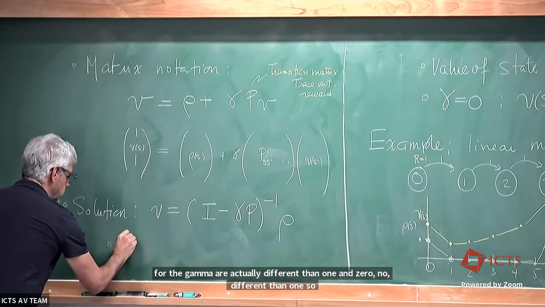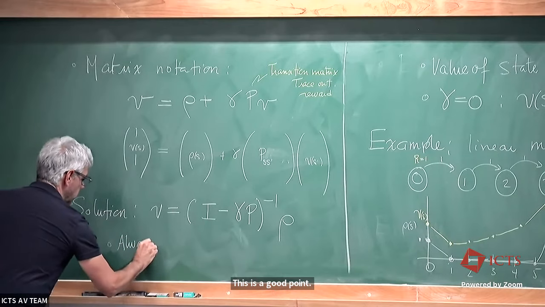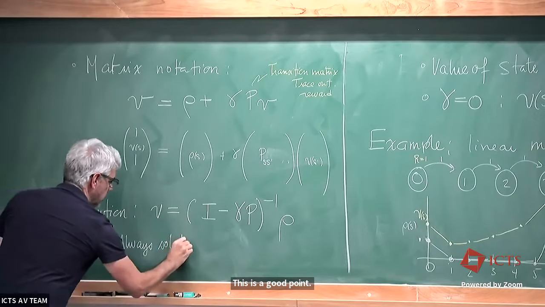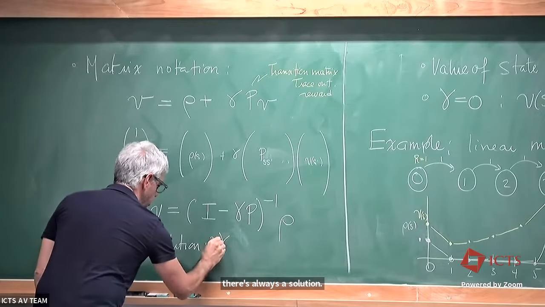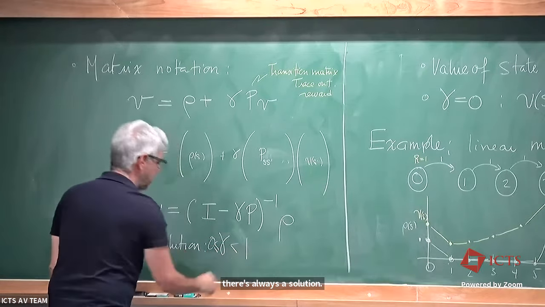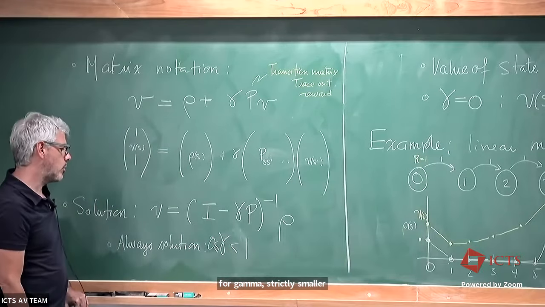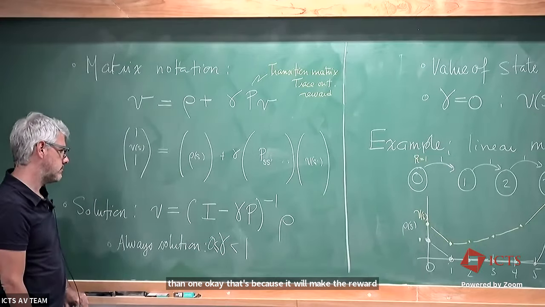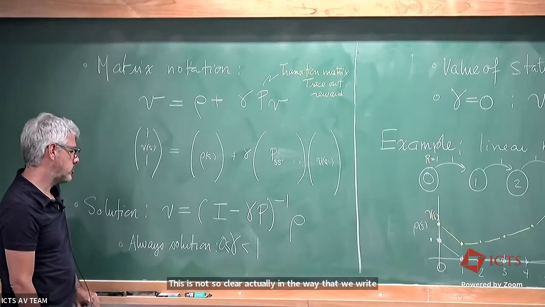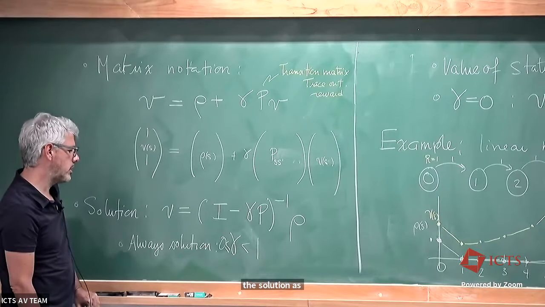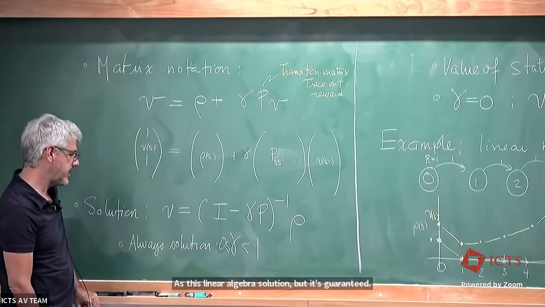There's always a solution for gamma strictly smaller than 1. Okay, that's because it will make the reward finite over an infinite horizon. This is not so clear actually in the way that we write the solution as this linear algebra solution, but it's guaranteed. It's just because the reward is finite. So there's a finite value function for each state.